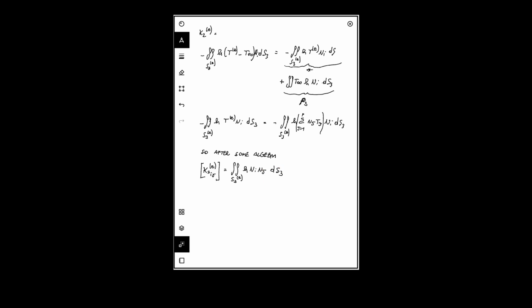As concerns K3 of the element E, we have to consider this integral we have seen at the beginning.